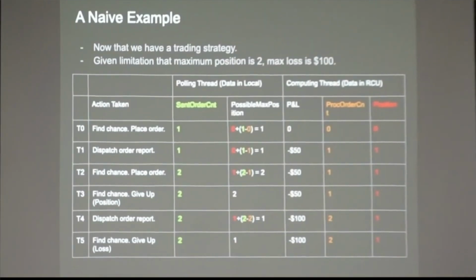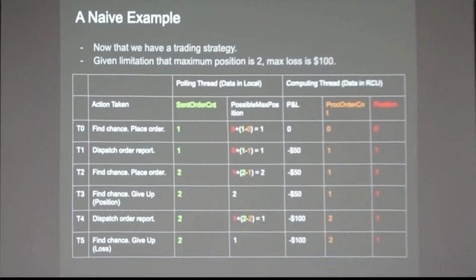Suppose we have a trading strategy that reads real-time market data and decides whether to trade or stay. Generally, every strategy has limitations. For instance, you can have a maximum position of 2 and a loss limit of $100.